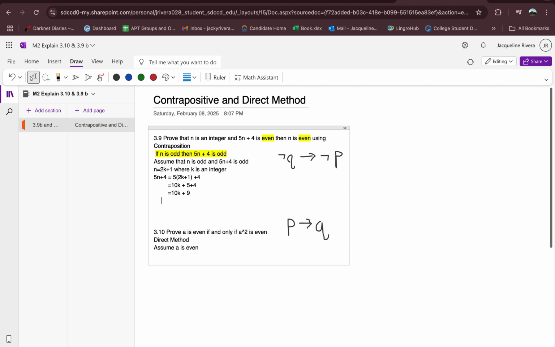And from here, instead of trying to figure out if we can go any lower, which we can't for now, we would have to factor out a 2 in order to go lower. So it'd be 2 times (5k plus 4), oh, sorry, plus 1.